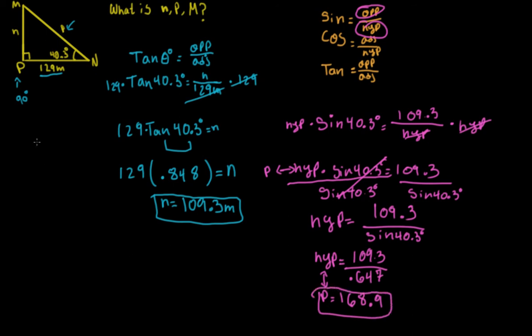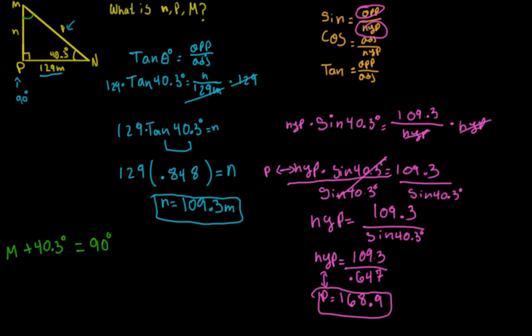And lastly, we're going to get m. It's easy because you know that this angle is 90 degrees. So it's a really short equation. So you have to set your equation equal to 90 degrees, because you are looking for the angle, right? This is the angle that you're looking for right here. So you set this equation m plus 40.3 equals 90.